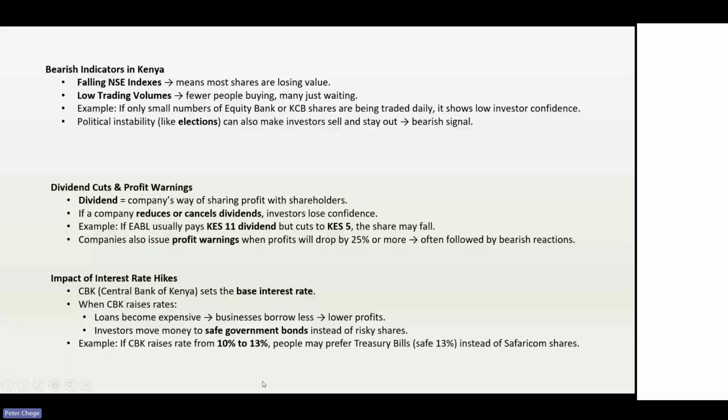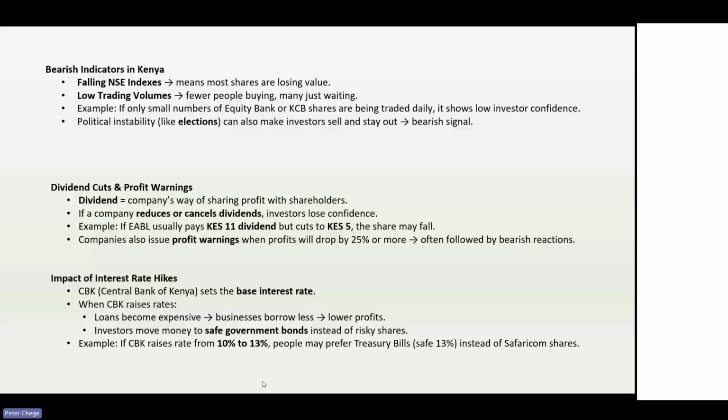Remember, most of these companies take loans with banks to fund their business. So when loans are expensive, most companies will shy away from taking loans, meaning what? They will not be able to perform their daily business. Revenues go low, then you find they have lower profits.